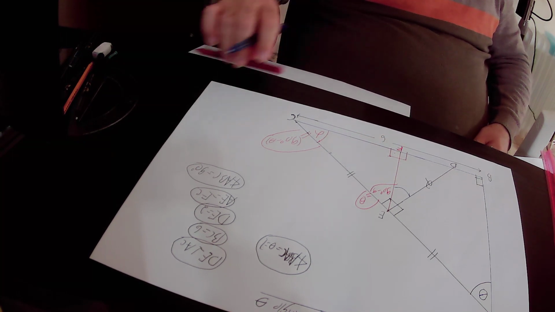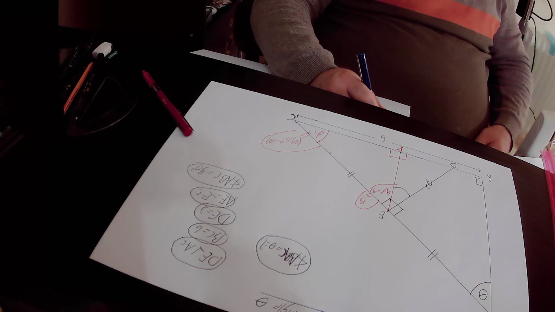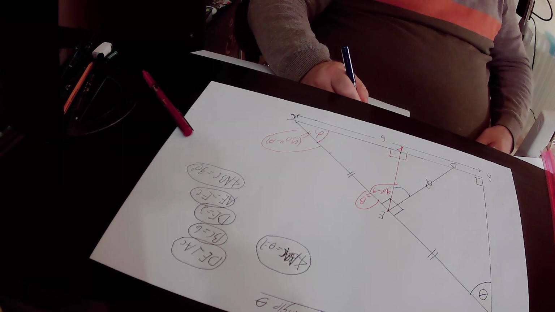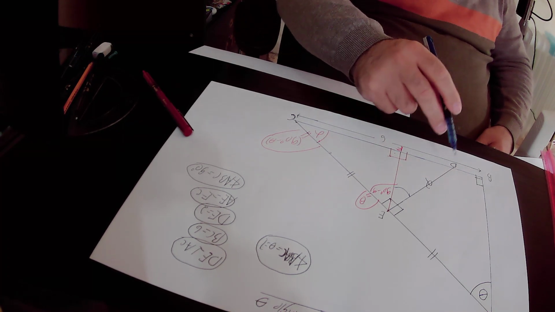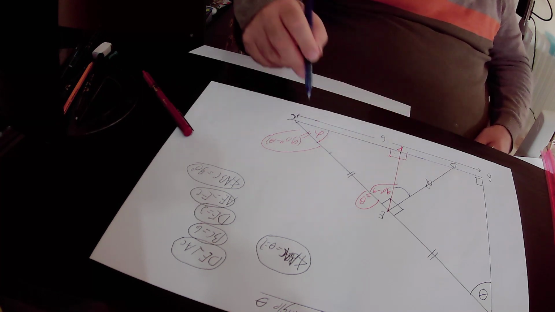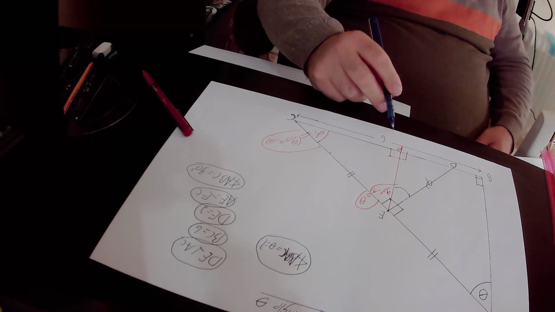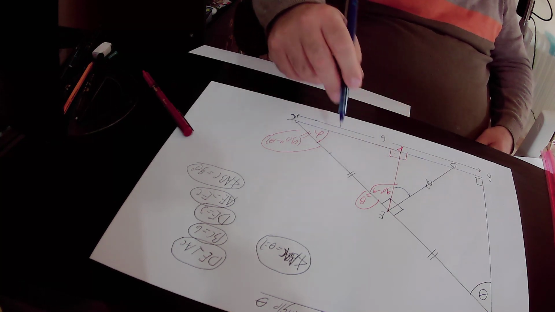So I write it down. Angle DEF, this angle, equals angle DEC, the big angle, minus this angle that is actually angle FEC.